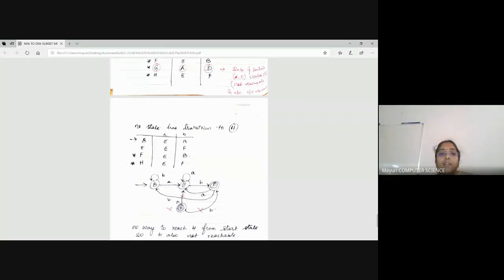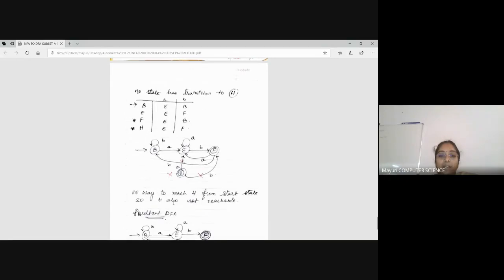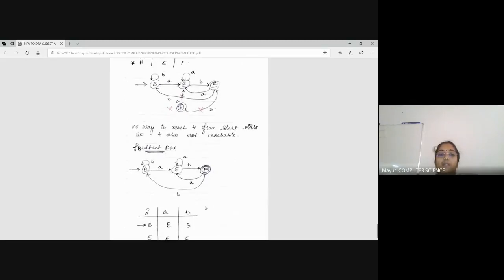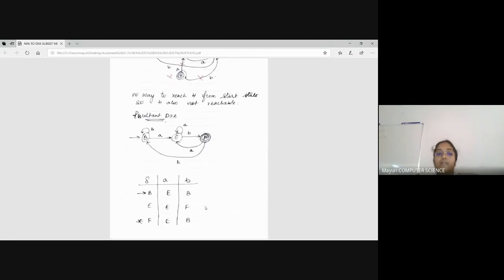So H itself going to E and F, that is not good. I should get the reachability of H from the start state called B. From B you can go to E, from E you can go to F. So B, E, F are the proper states, not H. No way to reach H from the start state. So H is also not reachable. Remove H also. After removing H, you see, this is the resultant DFA.